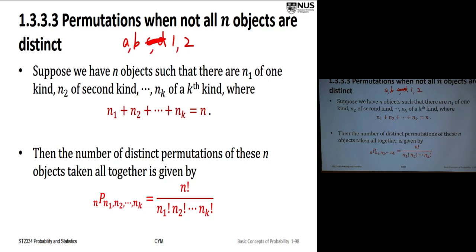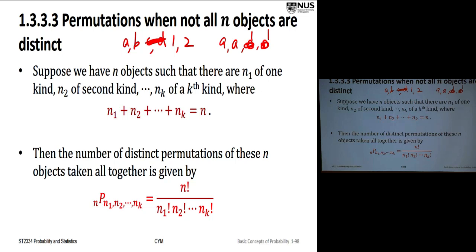If you arrange them, then you have 4 factorial arrangements. But let's say now I cannot tell whether they are A and B, they are just alphabets, and this one is just numeric, numbers. So I cannot tell the difference between them.